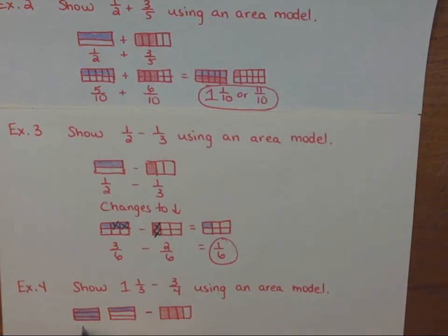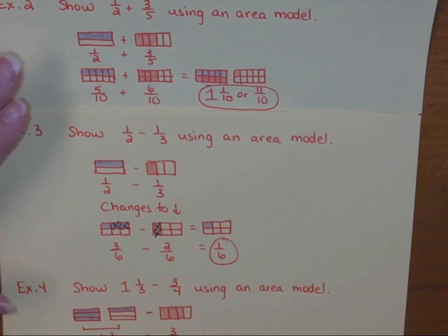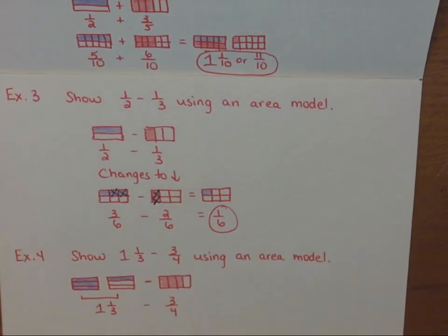So when you label this, I like to do this right here just to let myself know that this whole set of 2 is the 1 1/3, and then I'm going to subtract 3/4. And if you were teaching this to younger students, you could already kind of give them a guide if you wanted.